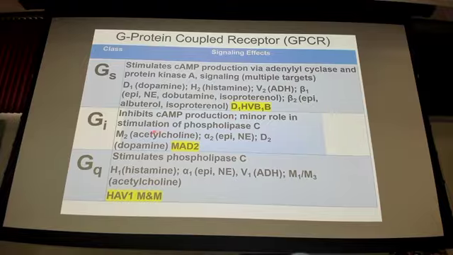Same thing here. This is a muscarinic receptor. Acetylcholine is a ligand that binds to it extracellularly. Then we have adrenergic receptors, alpha 2, epinephrine, norepinephrine bind to it. And then same thing, histamine binds to histamine 1. Alpha 1, adrenergic, epinephrine, norepinephrine binds to it.